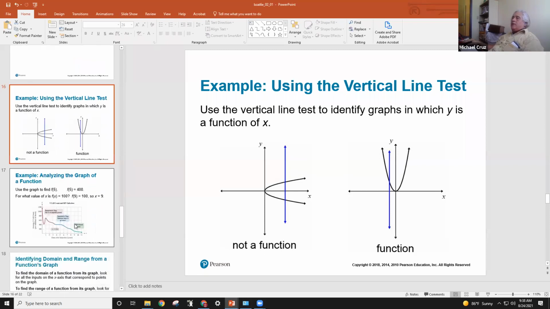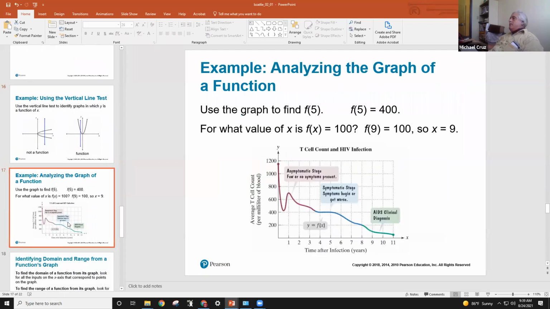All right, so let's just say we want to look at a graph. Doesn't matter what the graph is. And we want to find some kind of values.